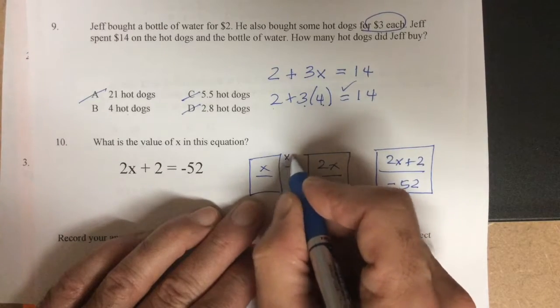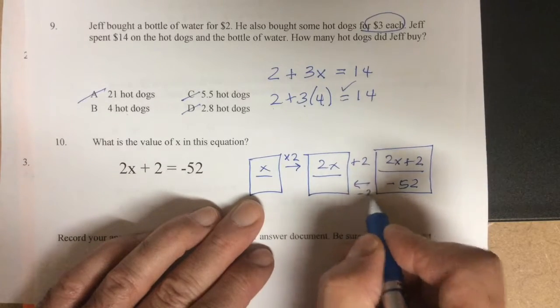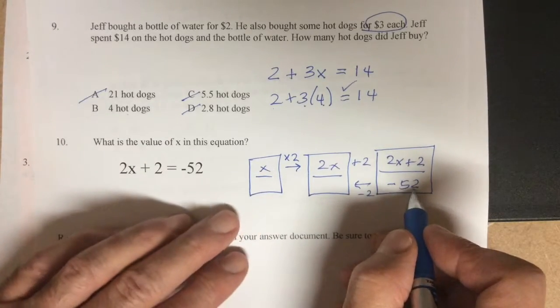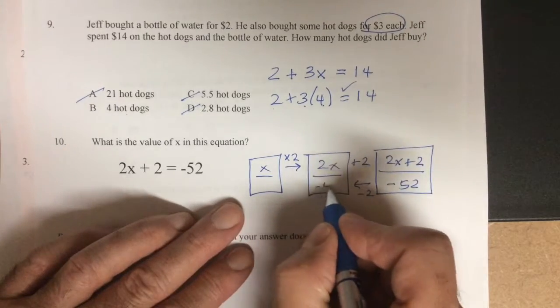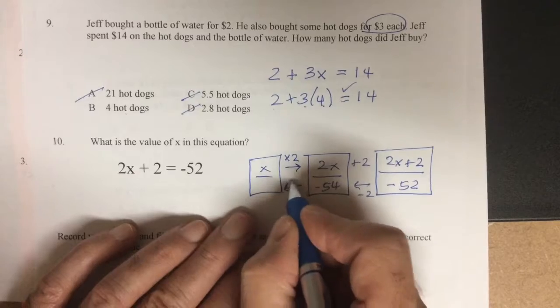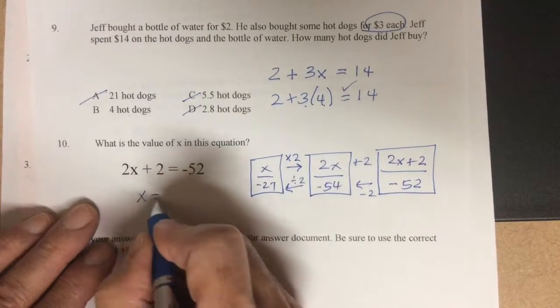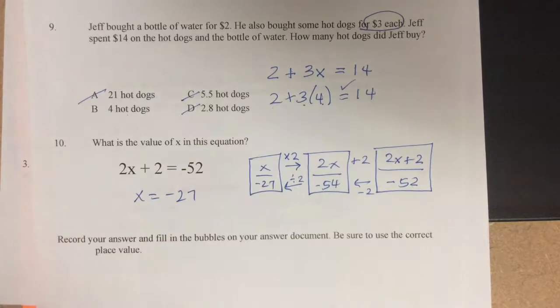So I'm multiplying by 2, and I'm adding 2. So I'm going to subtract 2. Negative 52 minus 2, negative 54. Negative 54 divided by 2, negative 27. So x is negative 27.